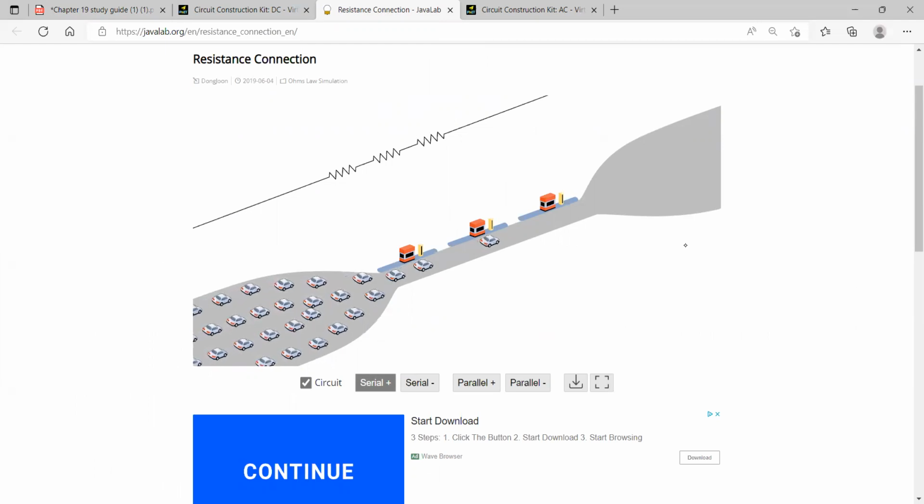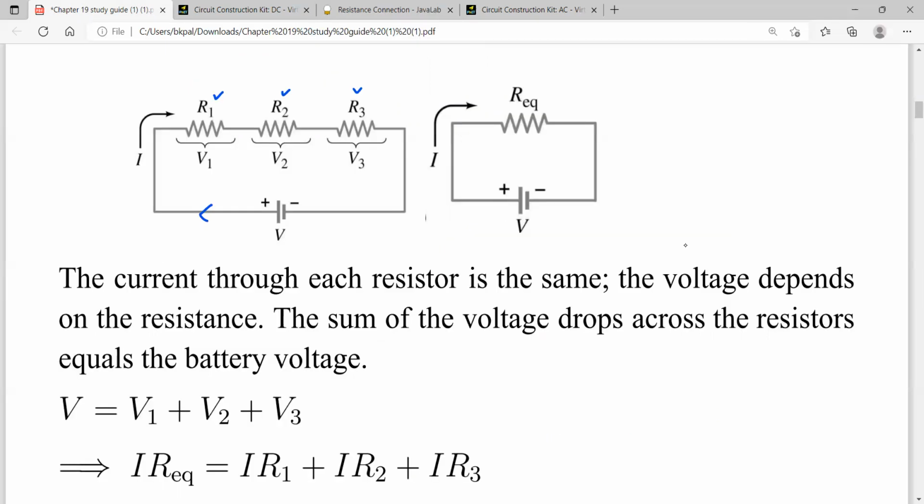All the cars should pass all the toll booths, because there is only one way. Similarly, for the current there is only one direction to go.